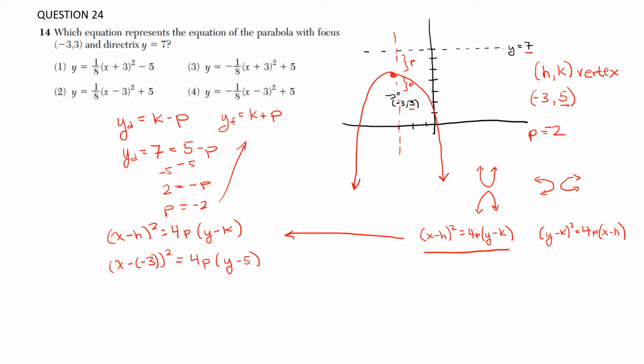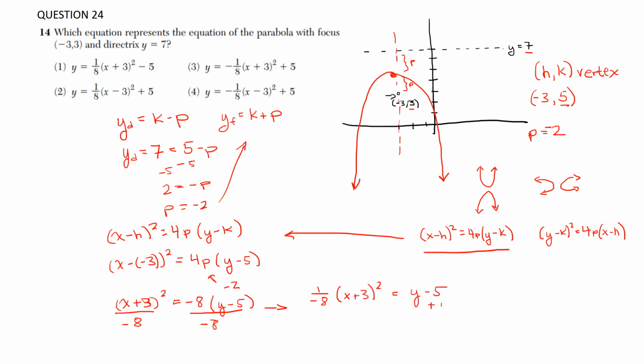And now we know our p value is negative 2. So this would be (x + 3) squared equals negative 8 times (y - 5). Now we can simplify this by dividing both sides by negative 8, and that would be 1 over negative 8 times (x + 3) squared equals y minus 5.